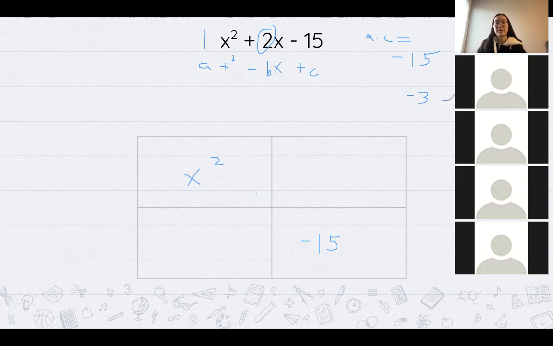And they also add up to equal 2, which is B. So those are the two numbers that are going to work. And now we're going to write them into the remaining boxes with an X on the end. And it doesn't matter which box you do it. So you could write negative 3x in this one, 5x in the other one. That doesn't really matter.